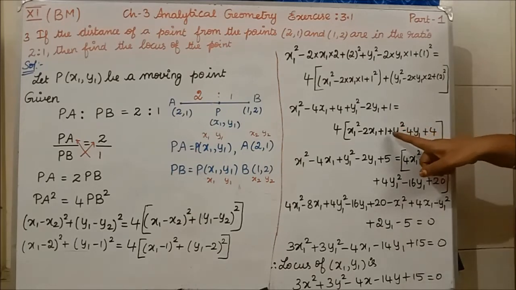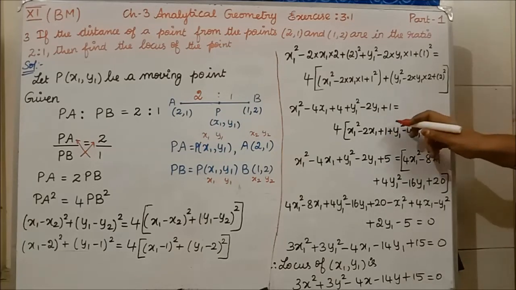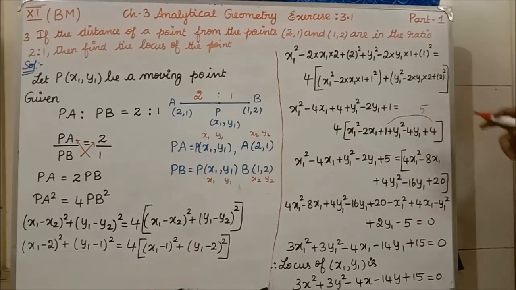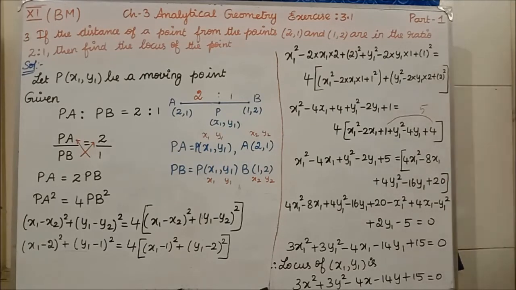I have 1 plus 4 here, which is 5, so 4 into 5 will be 20. So I have written plus 20 directly.